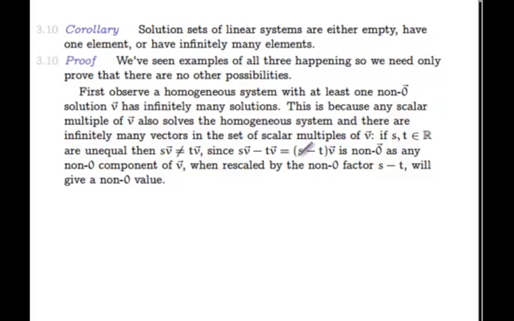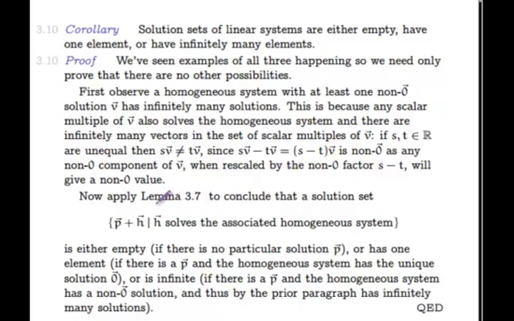Okay? And if I take a non-zero multiple of V and consider the non-zero components, when multiplied by a non-zero number they will also be non-zero. Okay? So this establishes that if I have a homogeneous solution that has at least one non-zero solution, then it has an infinite number of solutions.